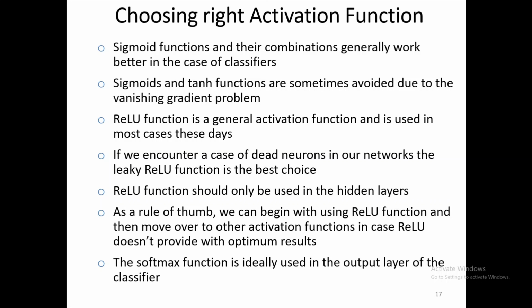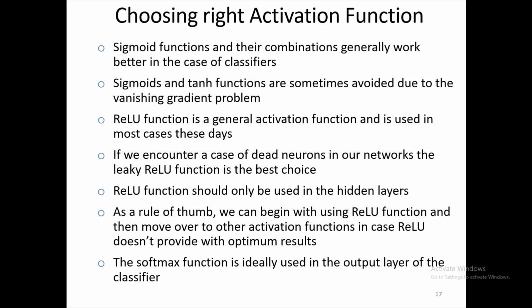The ReLU function is a general activation function and is used in most cases these days. If we encounter the case of dead neurons in our networks, the leaky ReLU function is the best choice. And the ReLU function should only be used in the hidden layers.